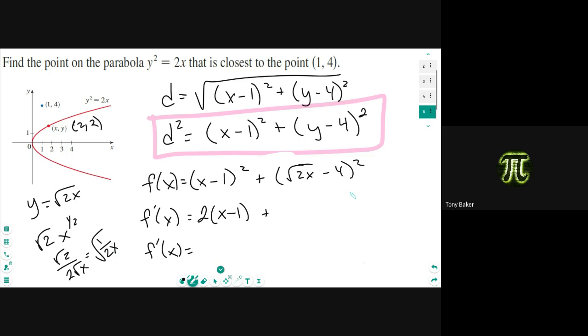Actually, let's leave it as the way I had it. That's what you got for the derivative.